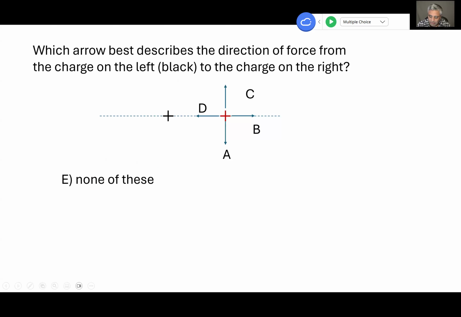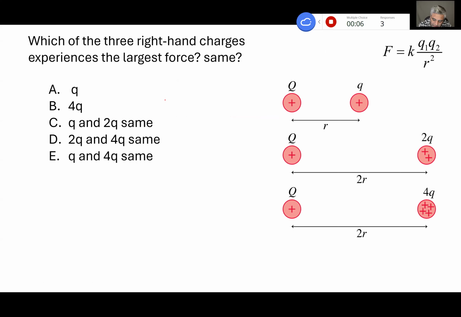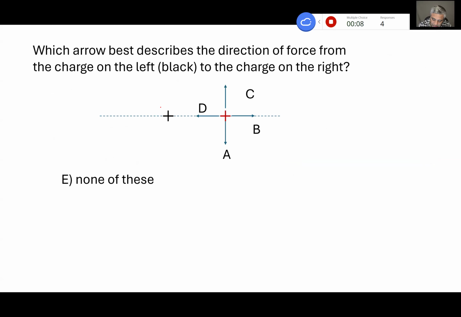This question is about direction. That was about magnitude, and this is about direction. You have a minute to answer this question. See, there is a positive charge here, and there is a positive charge over there. Hopefully you can see it. And A, B, C, D choices are right there. This is C, by the way.